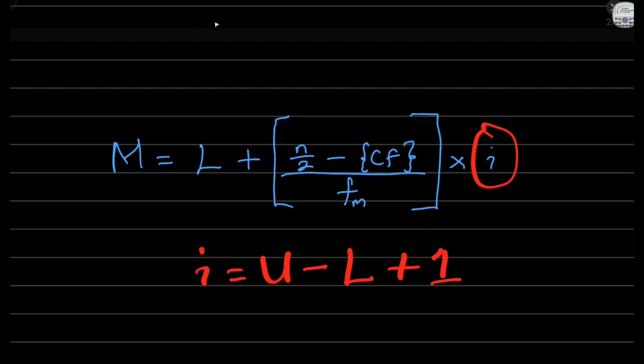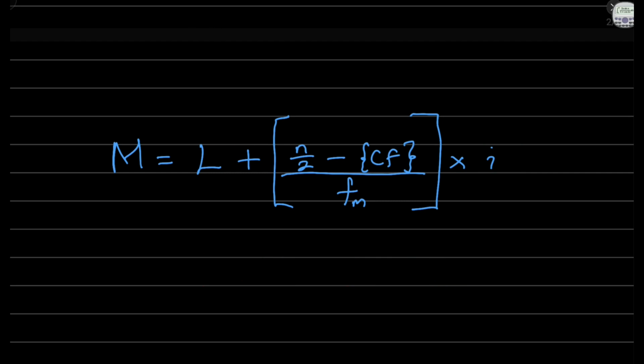So quickly let me do a brief recap of what each letter or symbol in this formula means. M here is your median. We say that the median is equal to L, where L means the lower class boundary of the median class.